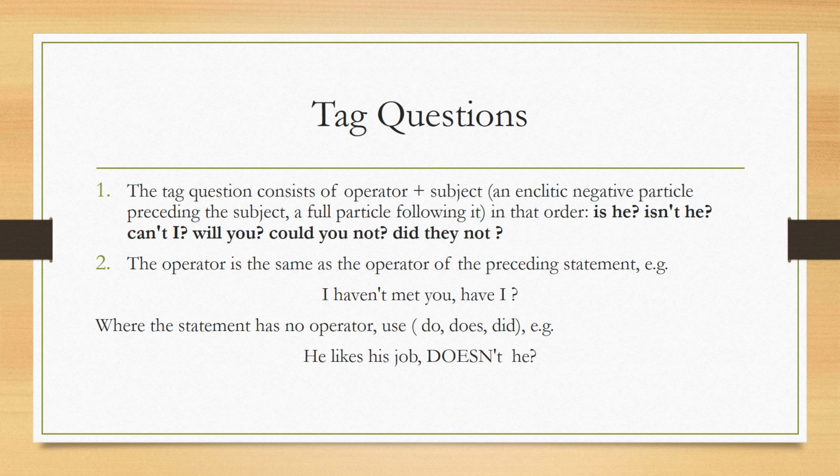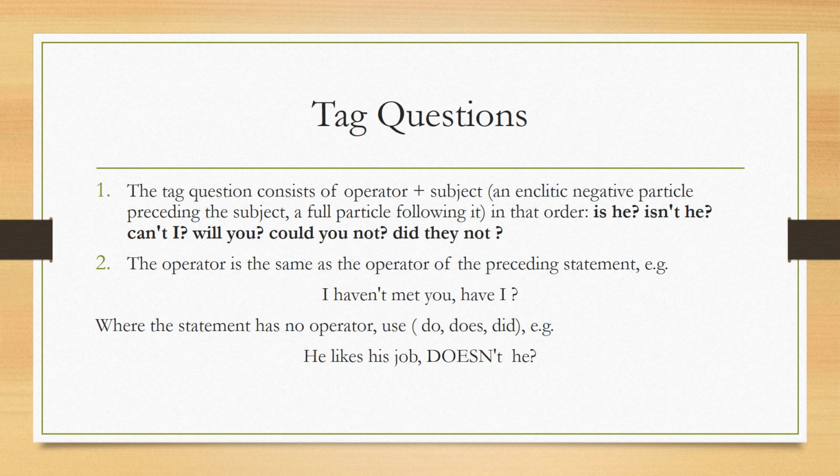This is if your statement contains an operator. Here you have to use the same operator that you have in the statement. For example, I haven't met you, have I? You see, in order to make the tag question have I, I use the same operator that I found in the statement, which is also have.